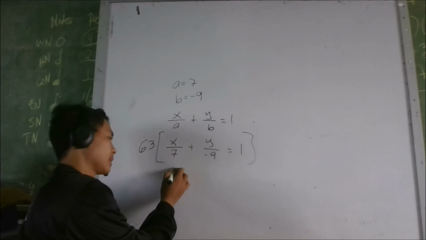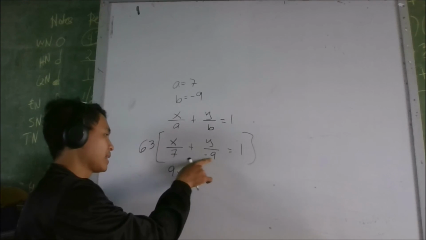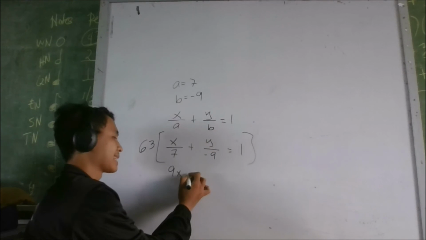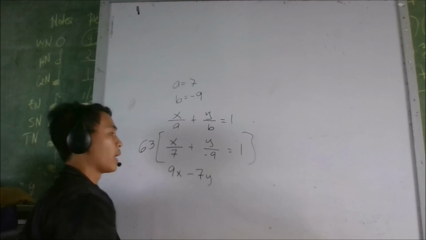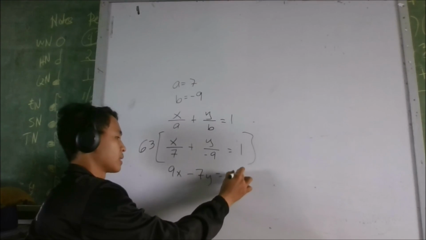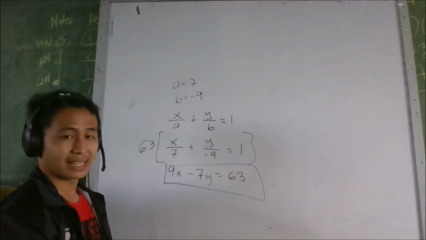Multiplied by x is 9x. Right? 63 divided negative 9 is negative 7. Multiplied by positive y is negative 7y. Okay? 63 times 1 is equal to 63. Therefore, this is our final answer.